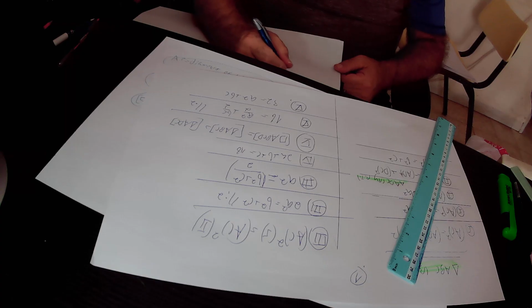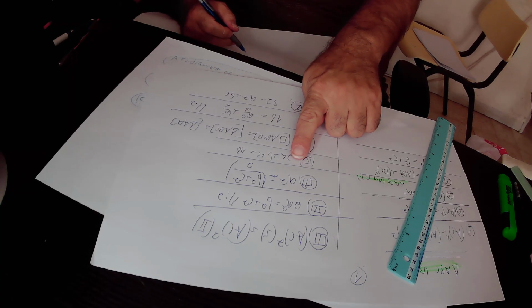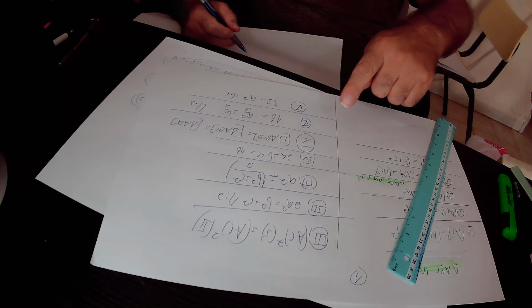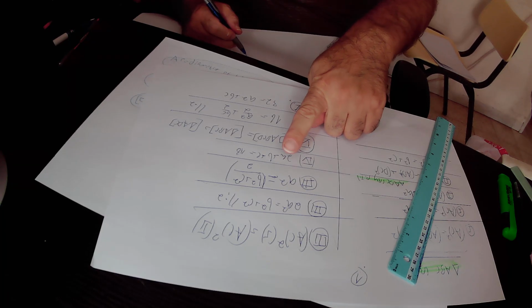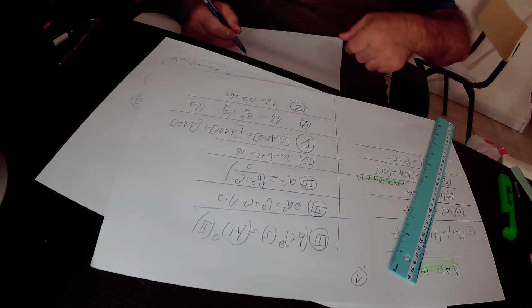But we already found out that A squared, according to equation 3, equals B squared plus C squared over 2. So we substitute A squared in equation 5 by B squared plus C squared over 2.